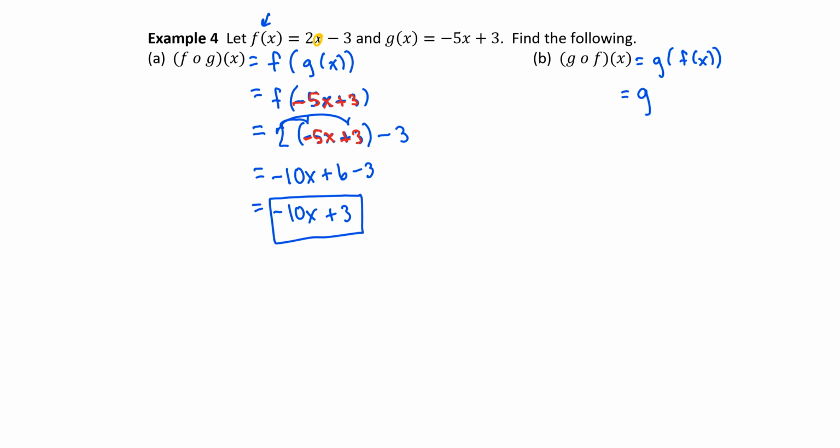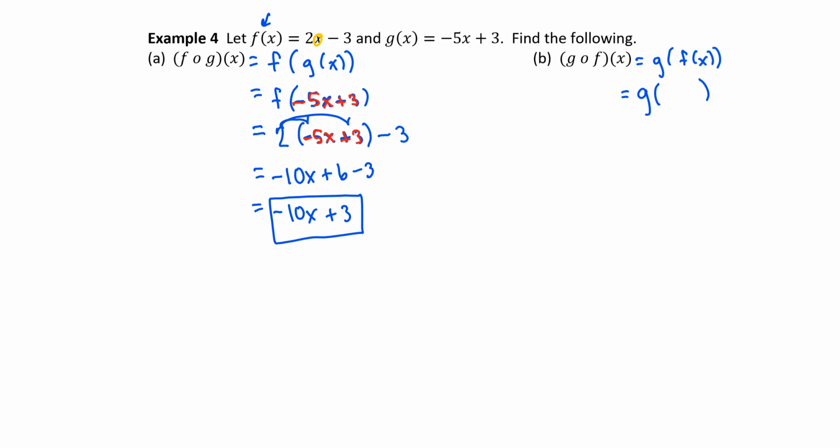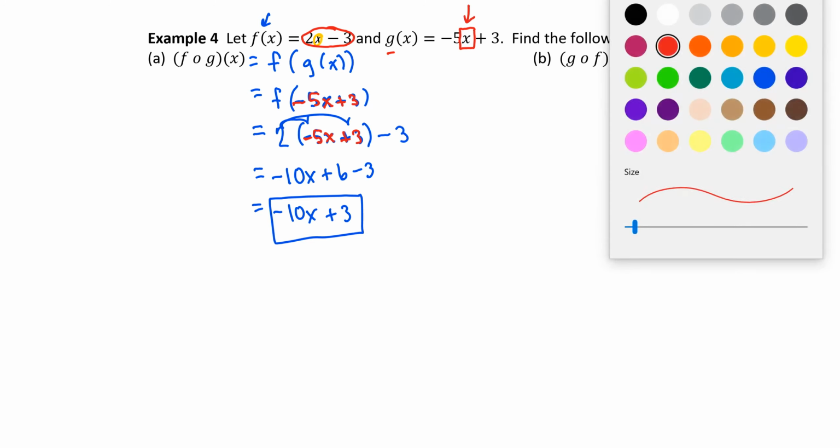So I'm going to start by replacing f of x on the inside with what? What's going to replace f of x? F of x gets replaced by its argument 2x minus 3, right? Then I'm going to go to the other function called g, and I'm going to plug this into the argument. So I'm going to use g, and I'm plugging the argument in for that variable. So I'm going to put the red 2x minus 3 in this red box.